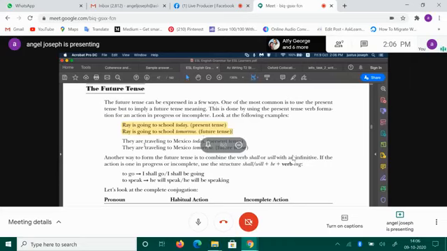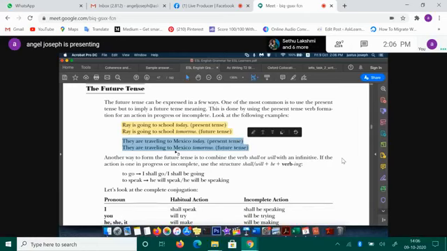Look at one more example and things I think would be clear here. They are traveling to Mexico today. Which tense is this?